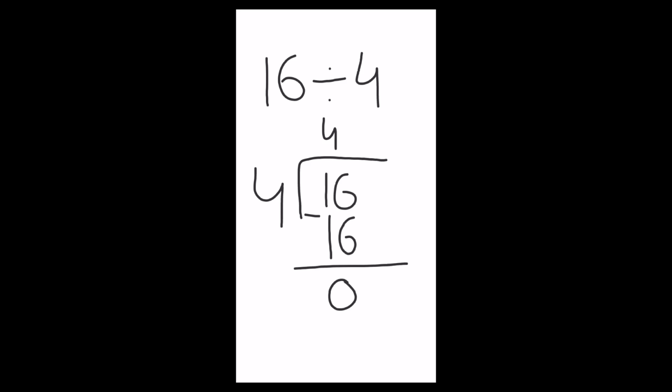And which number is your quotient? 4. Yes, exactly. So what is your answer after the equal to sign? Should I write 0 over here? Muhammad, think again. What is your quotient? Quotient is 4. I've been saying again and again, quotient is always your answer. So we're going to write 4.